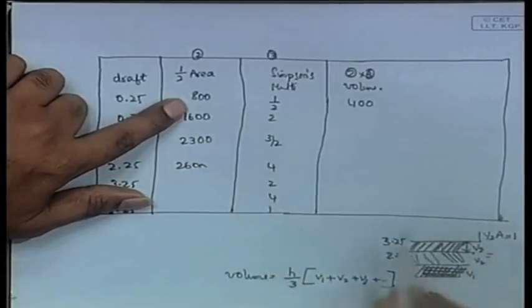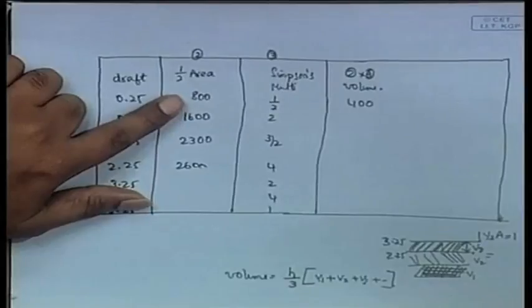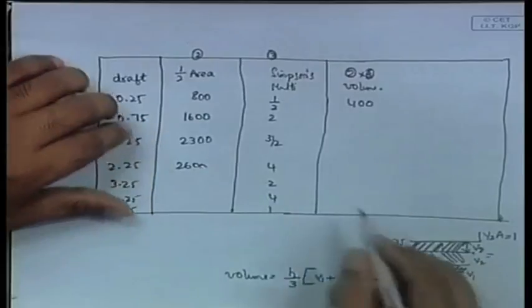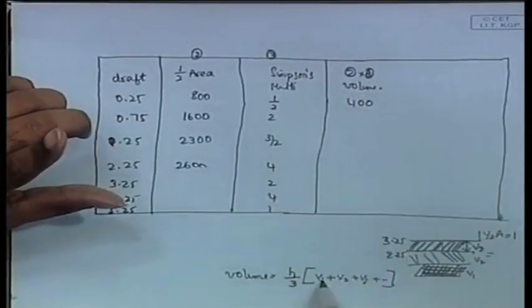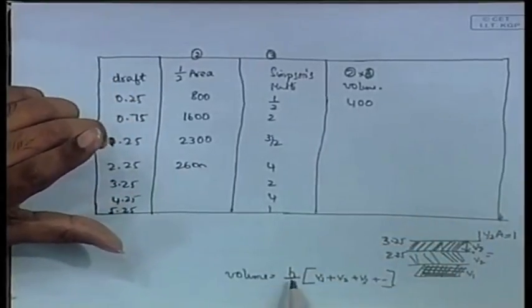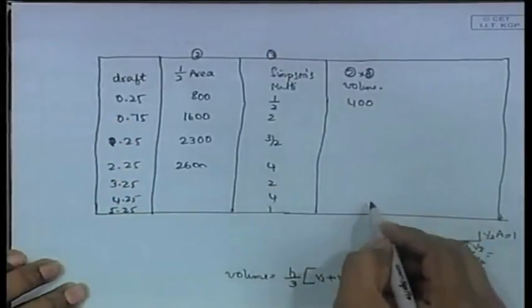This small v1 into h by 3 into that Simpsons multiplier will give you the volume of that section. So like that you will get v1, v2, v3. When you sum them up and multiply with h by 3, you will get the total volume under that whole draft. So this is the function of volume.